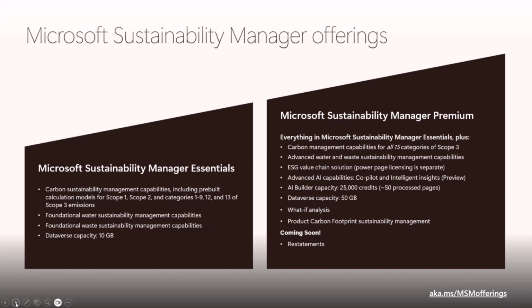Now, there are some differences in what you can do as far as calculation when it comes to the categories of Scope 3. So there's 15 different categories of Scope 3. For the Premium SKU, you can calculate all 15 categories of Scope 3.